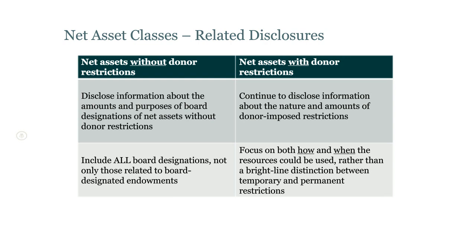You'll also continue to disclose, for those with donor restrictions, information about the nature and the purpose. But the focus is now on both how and when the resources can be used.